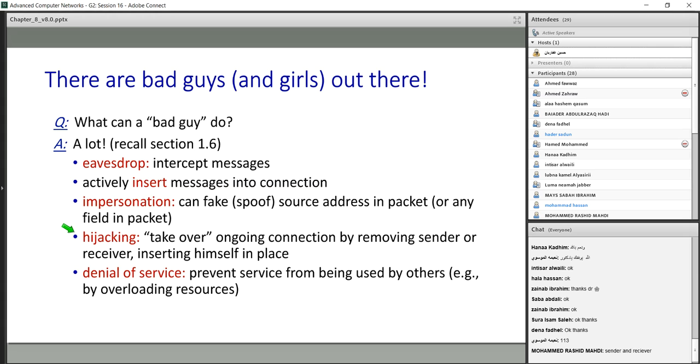So at that time I'm not directly connected to the other side, and maybe I lost the connection forever because of hijacking. Someone else comes and inserts himself in my place. That is terrible. Hijacking is terrible.